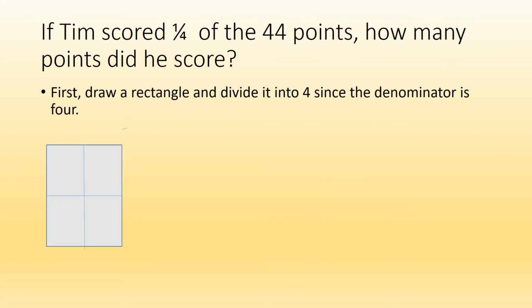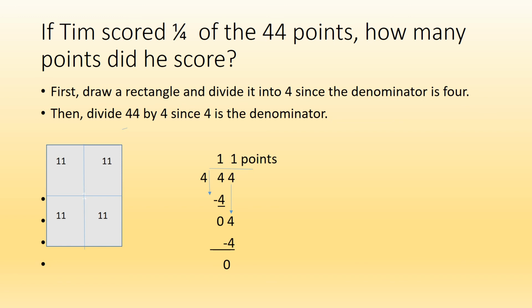Let's look at another example here. In this example, if Tim scored 1/4 of the 44 points, how many points did he score? Well, we draw a rectangle, and because the denominator of 1/4 is 4, we're going to put 4 sections in our rectangle.